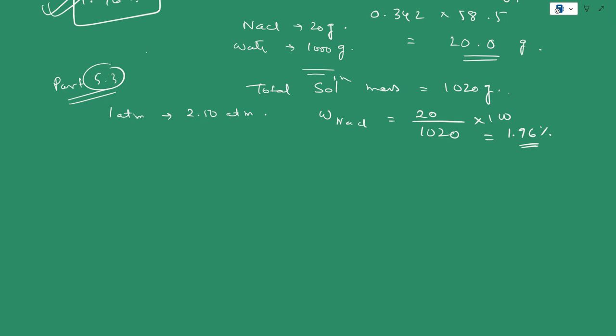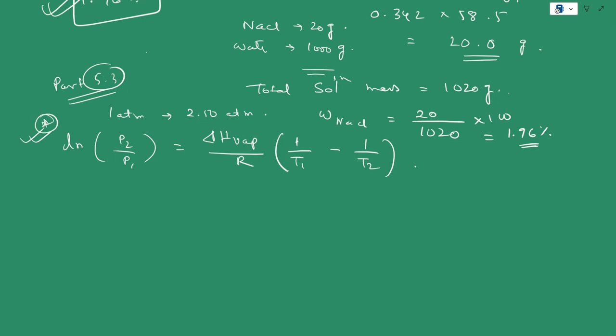Now we have an important equation. Natural log of P2 by P1 is equal to delta H vap by R into 1 by T1 minus 1 by T2. This is a very important formula. So basically this question tells us if pressure increases, boiling point also increases. Why? Because the liquid molecules now need the extra energy to escape.